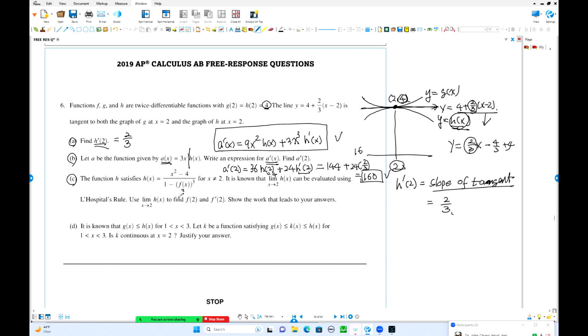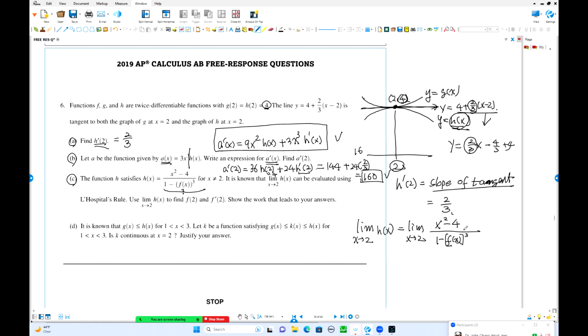The idea is: the limit as x approaches 2 of h of x equals the limit as x approaches 2 of a function defined using some unknown function f of x: x squared minus 4 over 1 minus f of x cubed, right?